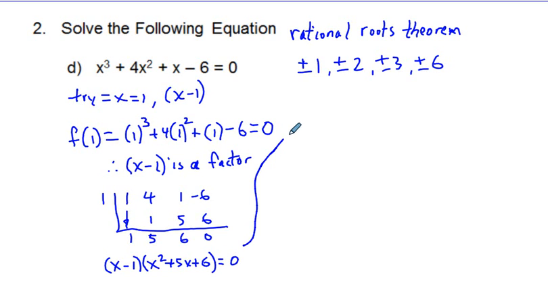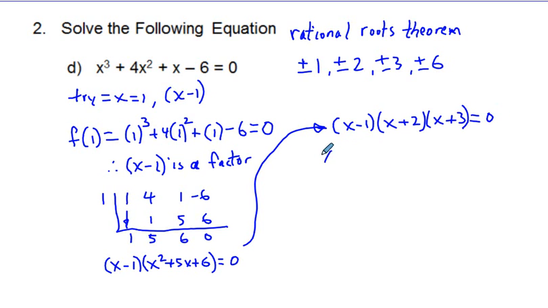And then, I'll bring this up here, we can factor this x squared plus 5x plus 6 as quantity x plus 2 times quantity x plus 3. And that is going to all be equal to 0.